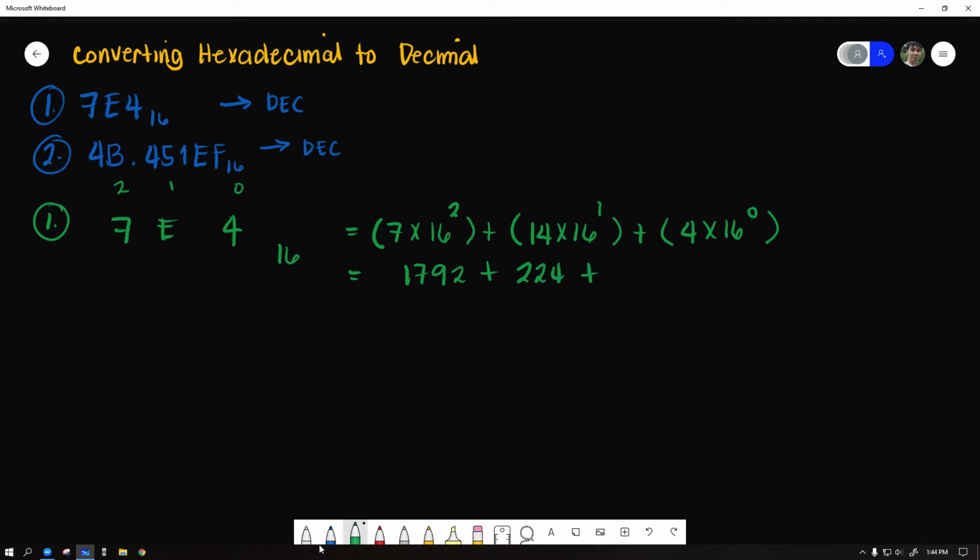Plus, this is 1, so plus 4. You'll be getting 1792 plus 224 plus 4, that is equal to 2020. So your 7e4 base 16 is equivalent to 2020 in base 10.